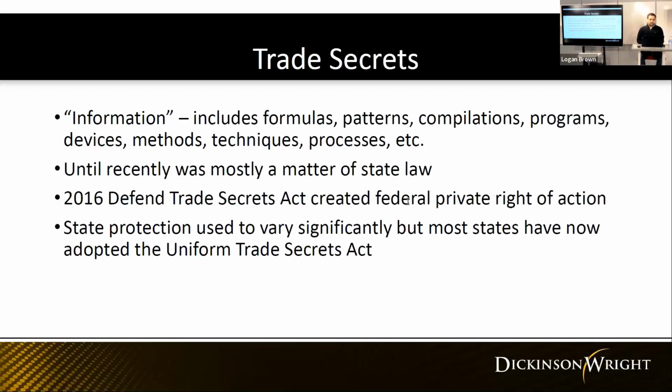Trade secrets, as we kind of sort of glossed over before, is information that includes formulas, patterns, compilations, techniques, processes. This is common in the food industry, the pharmaceutical industry, where they have a secret recipe. I use this example a lot, the Coke formula, which is something that has existed for a very long time and is exclusive to Coca-Cola.